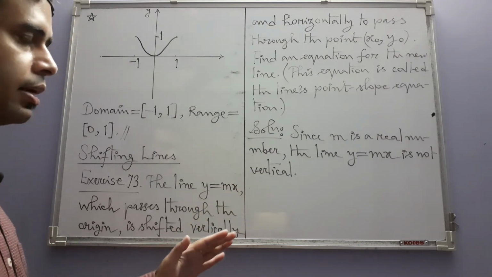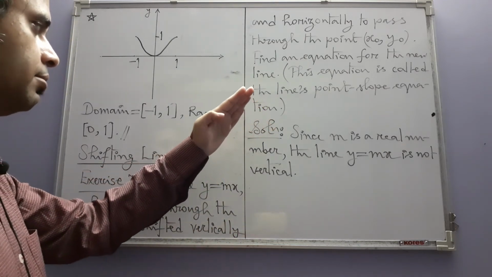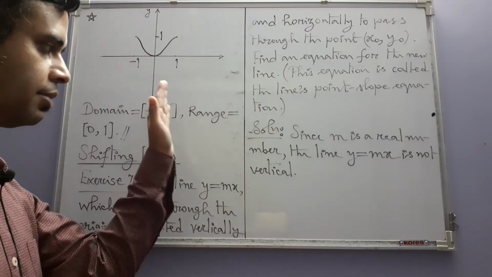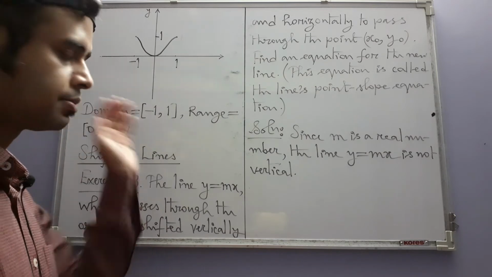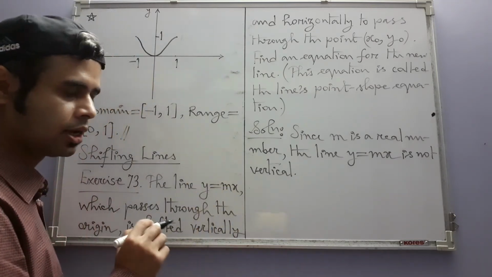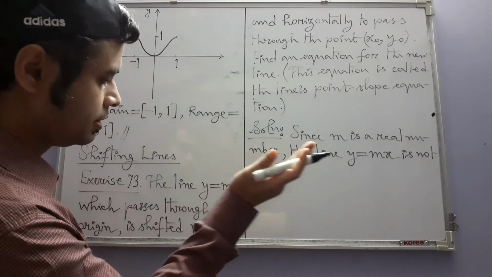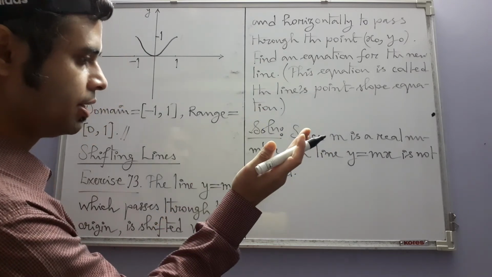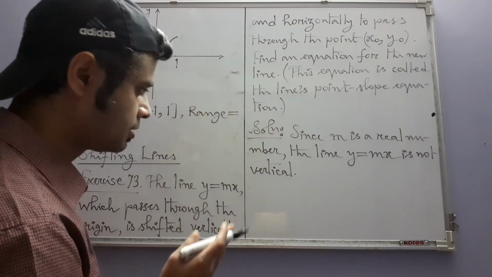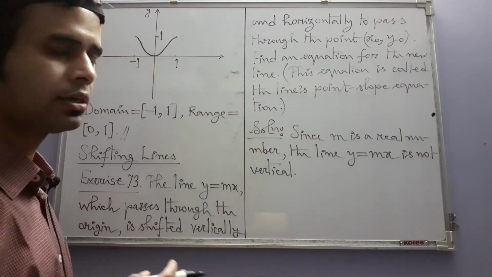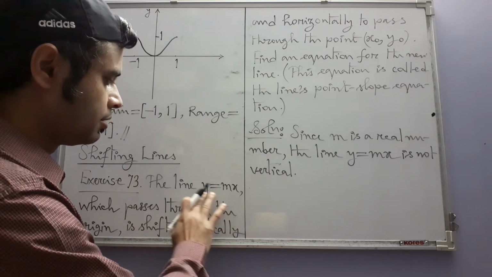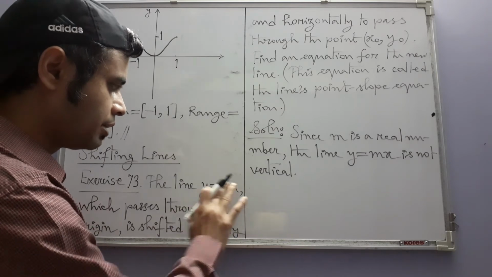You choose larger and larger m, the line will be steeper and steeper. I'm saying the positive m's because the negative m's will be like this. So if you take m equal to 10, the line will be like this. If you take m equal to 100, the line will be like this. It's very close to becoming vertical, but no matter how large m is, no such value will make this line vertical.